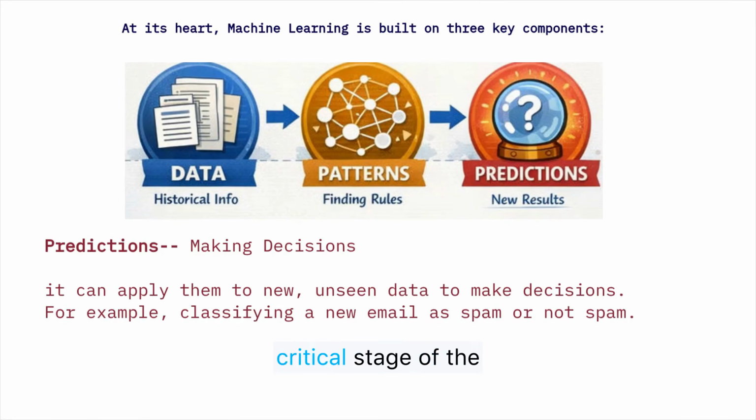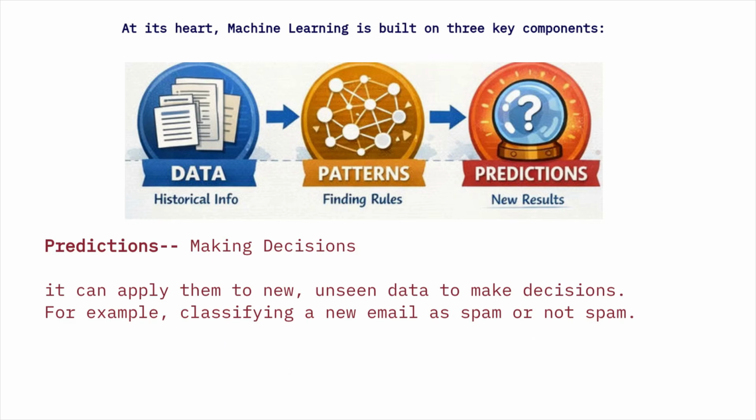The final and most critical stage of the machine learning lifecycle is inference. Once the model has successfully identified and weighted these patterns during the training phase, it can be deployed to process new, unseen data. At this point, the model functions as a decision-making engine. When a new email enters the system, the model does not simply look for an exact match in its database. Instead, it evaluates the new data against the complex web of relationships it has already mapped.